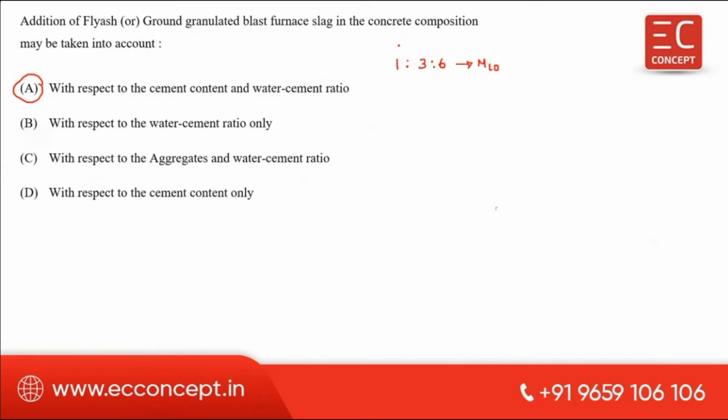In that, this is cement, this is fine aggregate, and this is coarse aggregate. If you add fly ash, then the proportion of cement content will be reduced. Or we can say, in order to reduce the cement content, we will add fly ash, which is obtained from the furnace. So the answer for this question is with respect to cement content and water cement ratio.